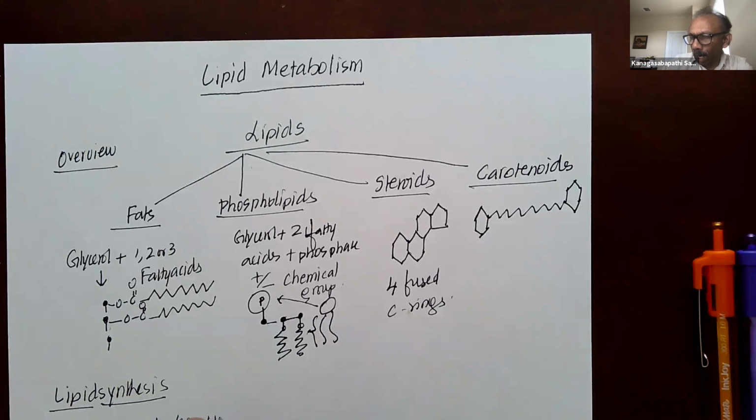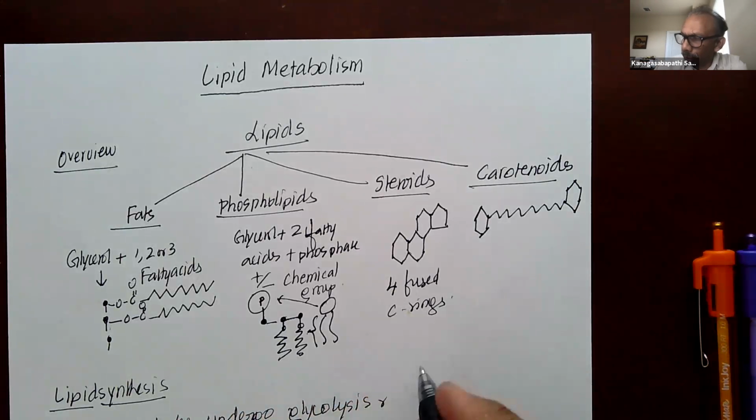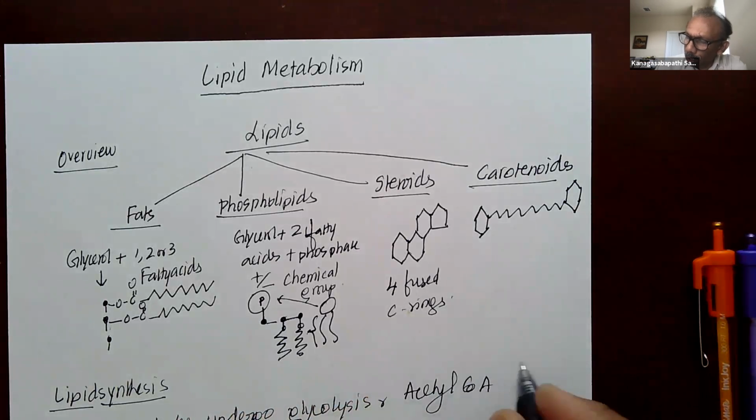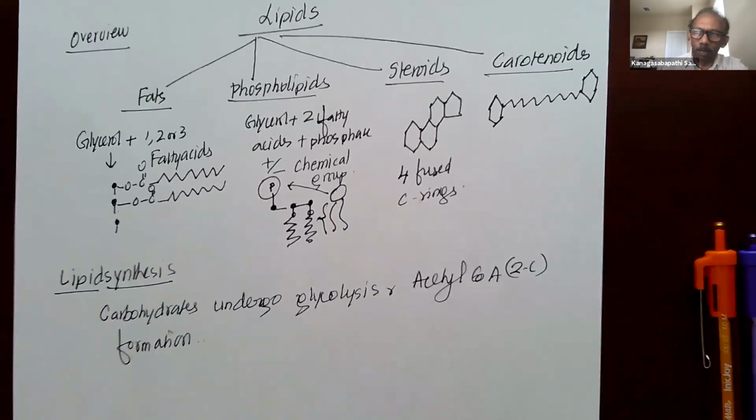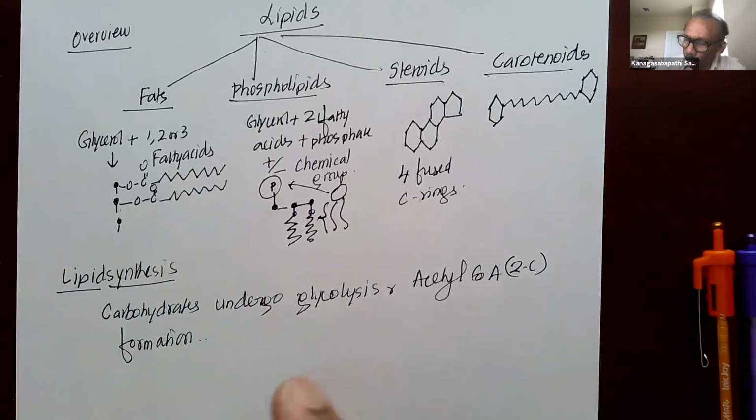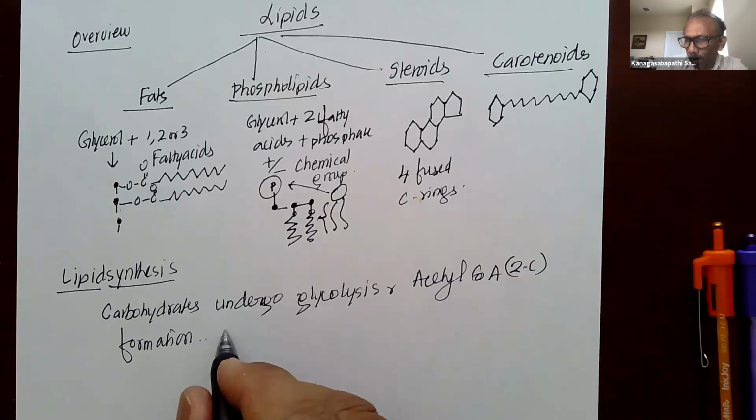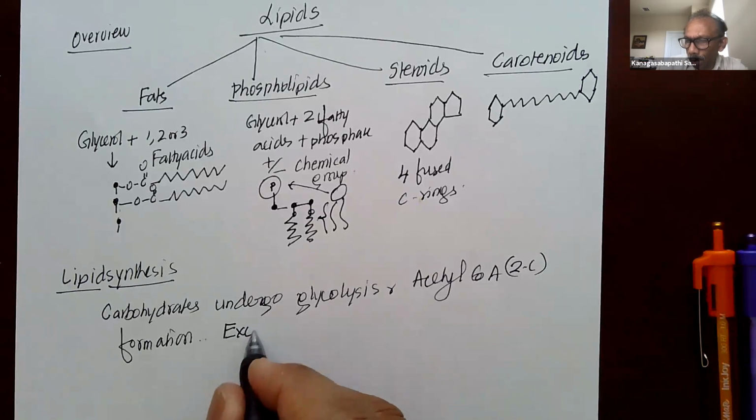They undergo glycolysis and acetyl-CoA formation. Acetyl-CoA is a 2-carbon molecule, and it is an intersection between carbohydrates and lipids.